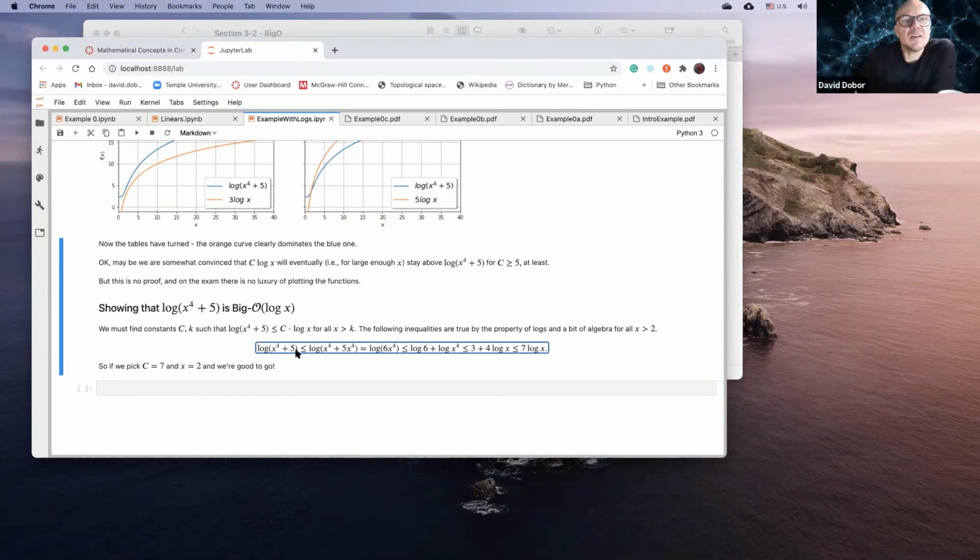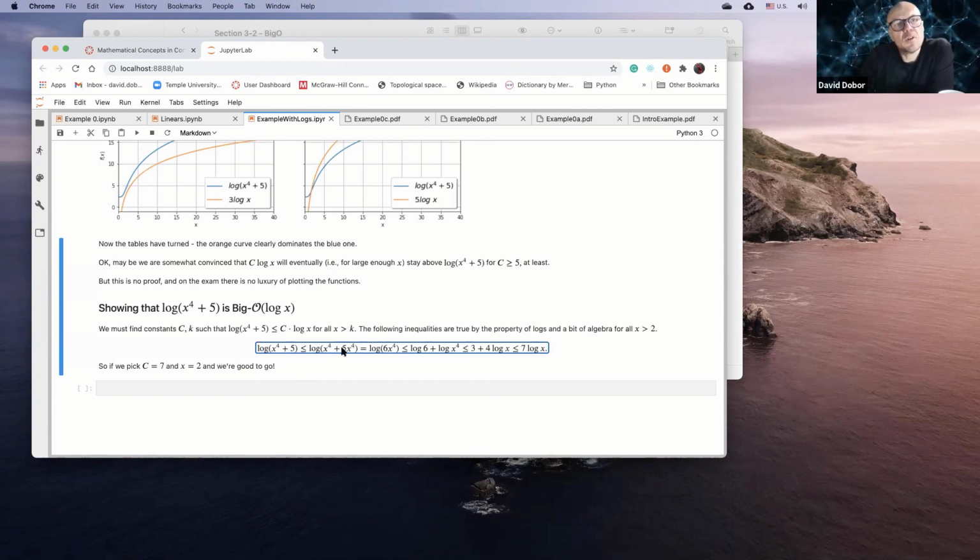Do you guys agree that as long as, actually this one says x greater than or equal to, and that's what we need, but even for smaller x's, as long as x is just greater than or equal to 1, do you agree with the first inequality here? We've substituted 5 with 5x to the 4th.